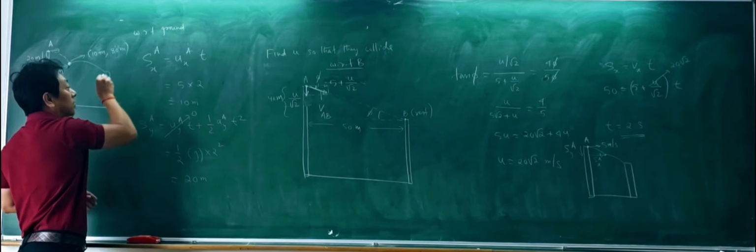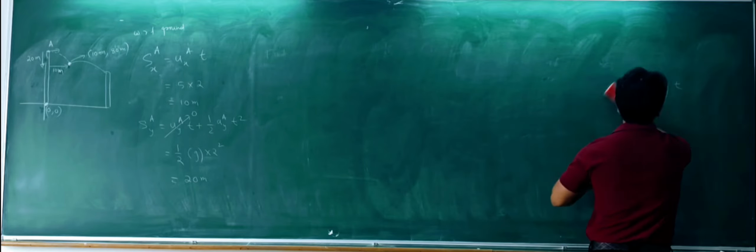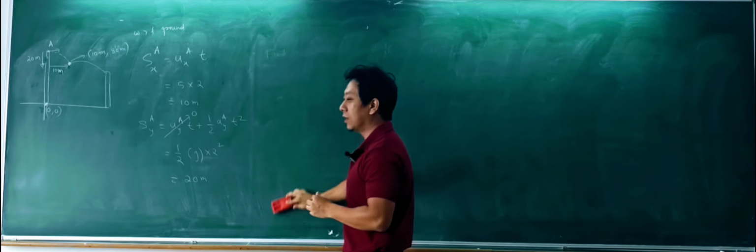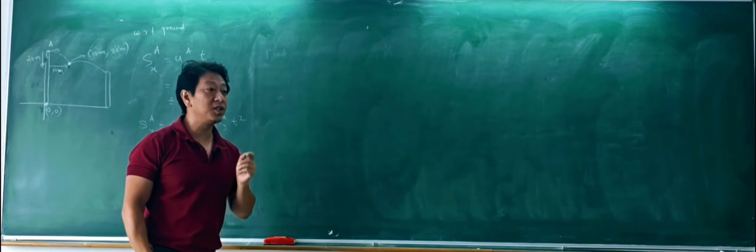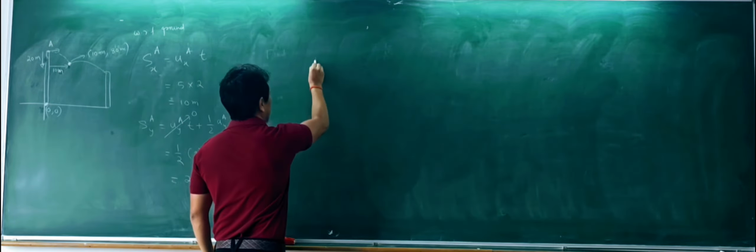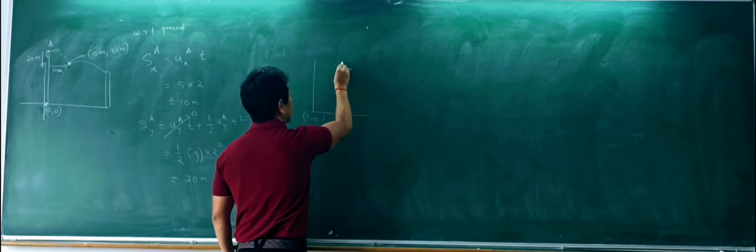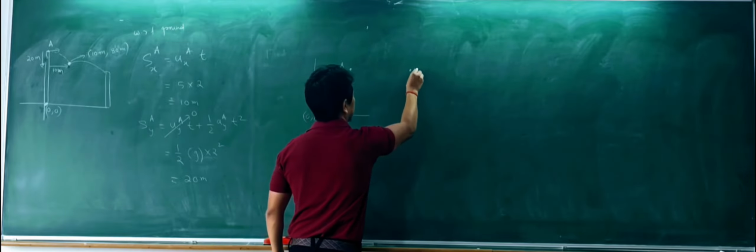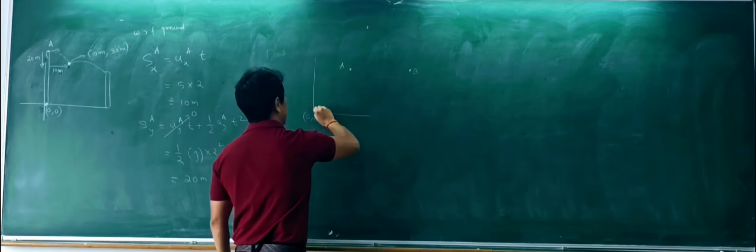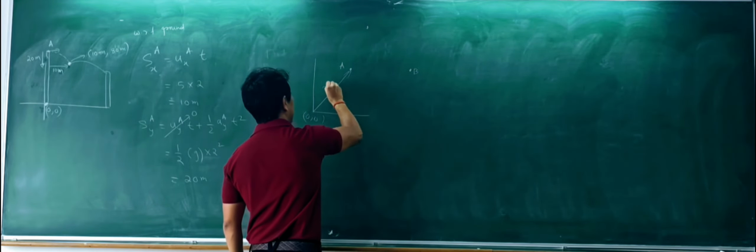Let me tell you what is the condition for collision in terms of velocities and position vectors. Let's say this is your origin and these are two particles. This is the position vector of the first particle.